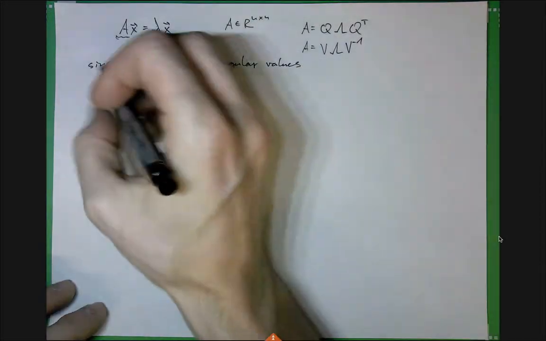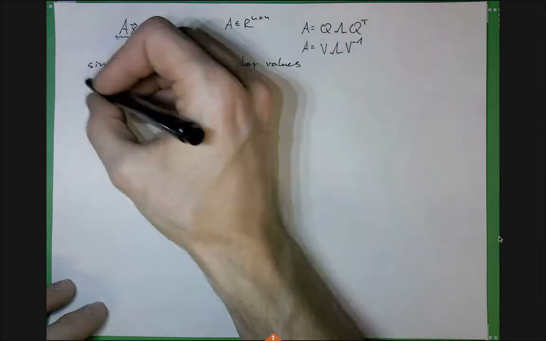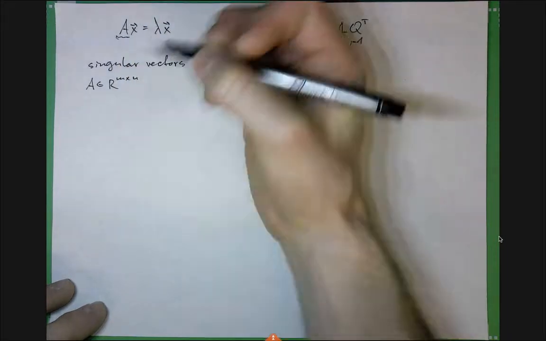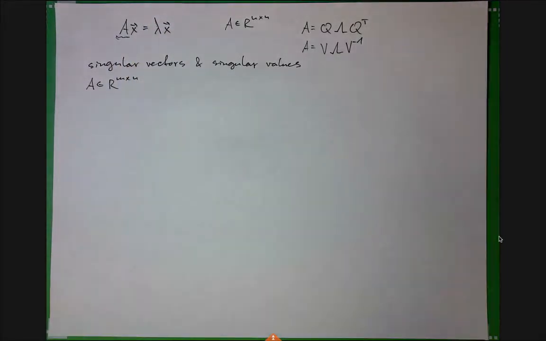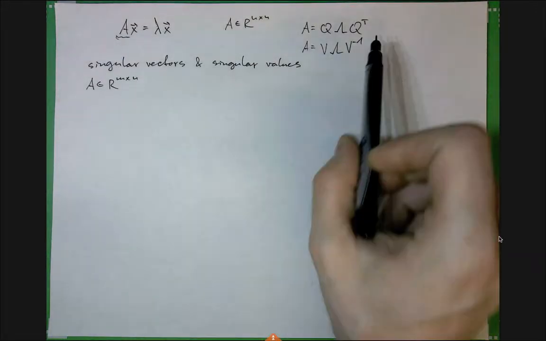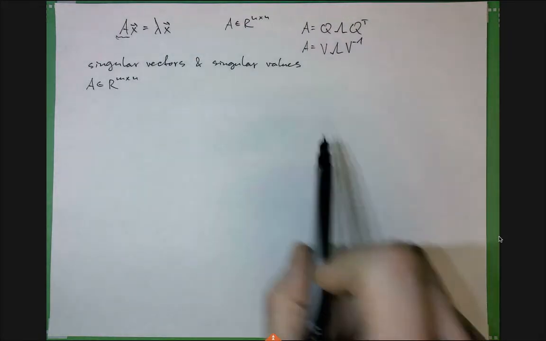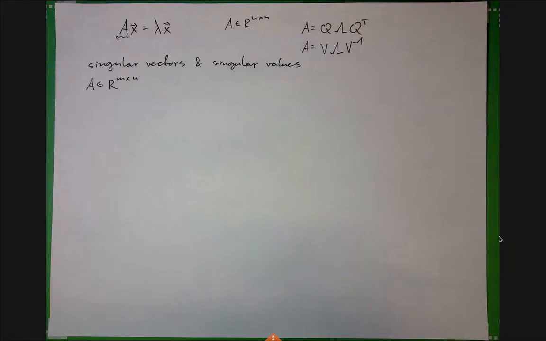And the point is that they will work for an arbitrary, absolutely arbitrary matrix. It can be rectangular, it can be whatever. It would also work for a complex matrix, but we will be dealing only with real matrices. The problems with eigenvectors go away. We don't need any complex singular vectors and singular values. They will be just real and nice.